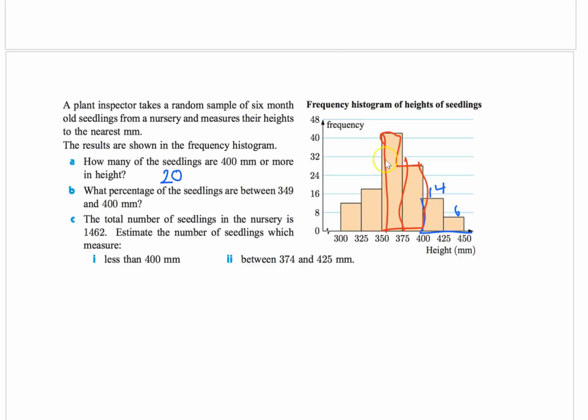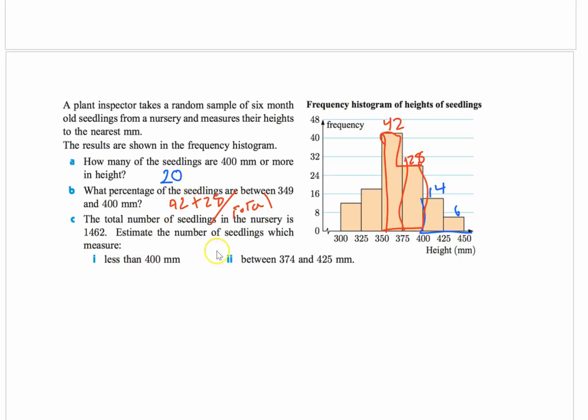Again, you have to estimate it. This looks like it might be around 42. This one looks like, let's say, 28. So you're going to get 42 plus 28. And again, it wants a percentage, so I have to divide by the total. I'm not actually sure what the total is. I'd have to add them all up, and I'm too lazy. So let's just put total, because they want a percentage.